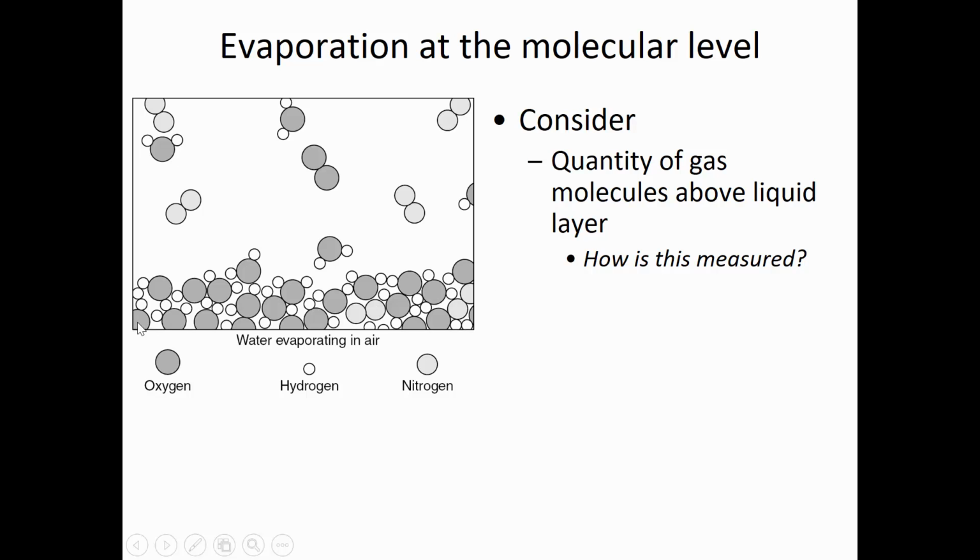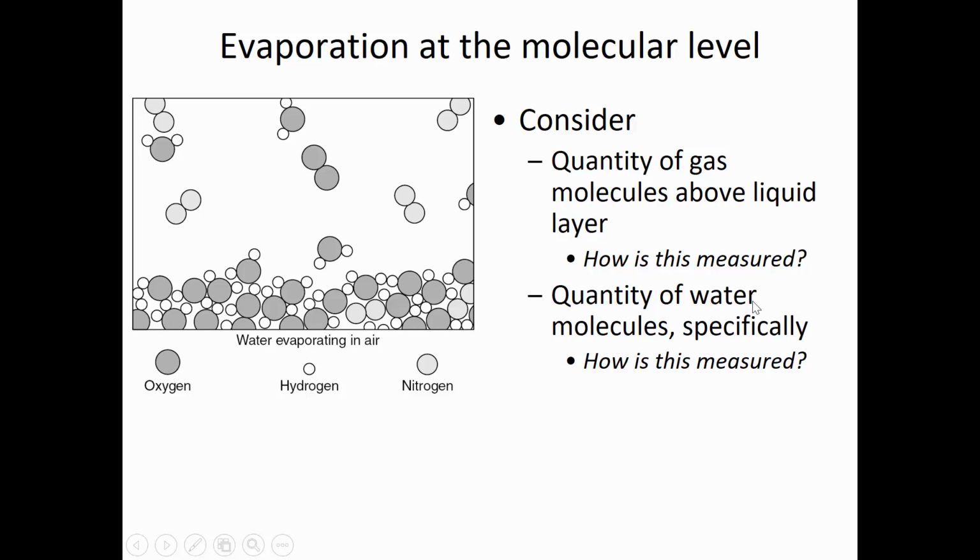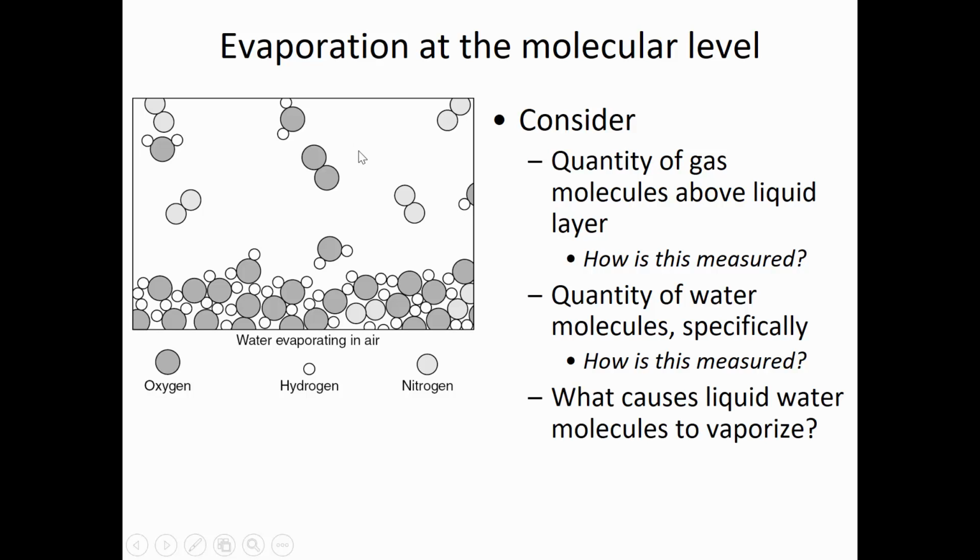The water has a much greater density. Now, the amount of water molecules in the liquid isn't measured as a partial pressure. We can measure it on a mass basis or on a molar basis, but the difference in phase comes with a different way of measuring the quantities.